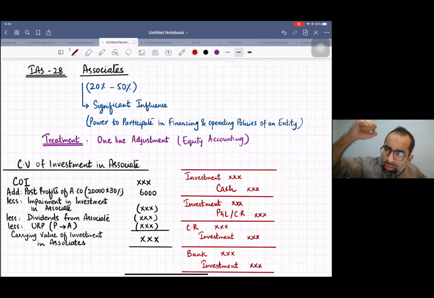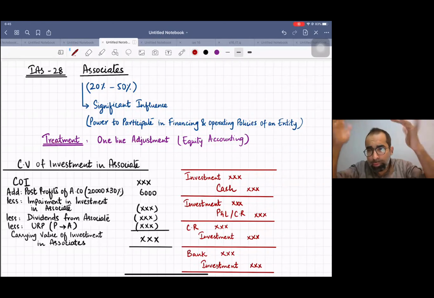The biggest and the highest level is control. When one company acquires more than 50% shares of another company, it gets control. And with control, the accounting is consolidation, adding together from top to bottom. There is one lesser level. The second level of investment is significant influence.